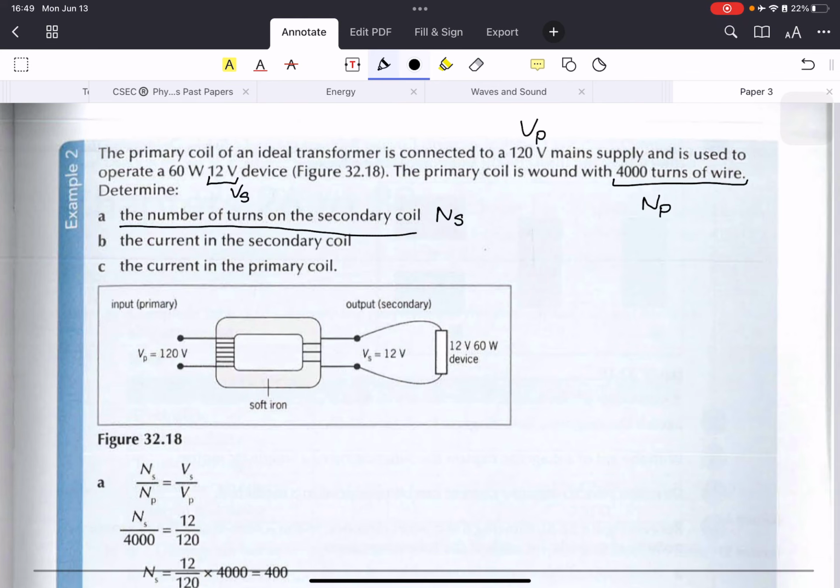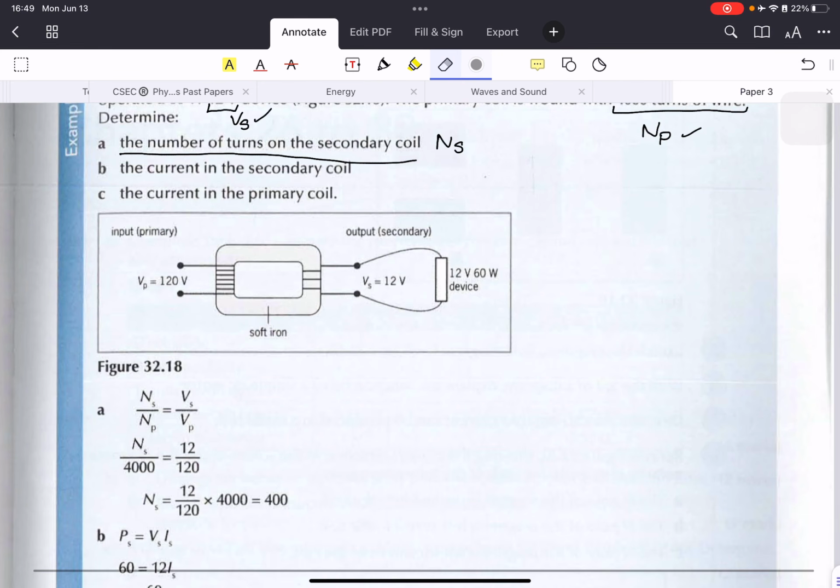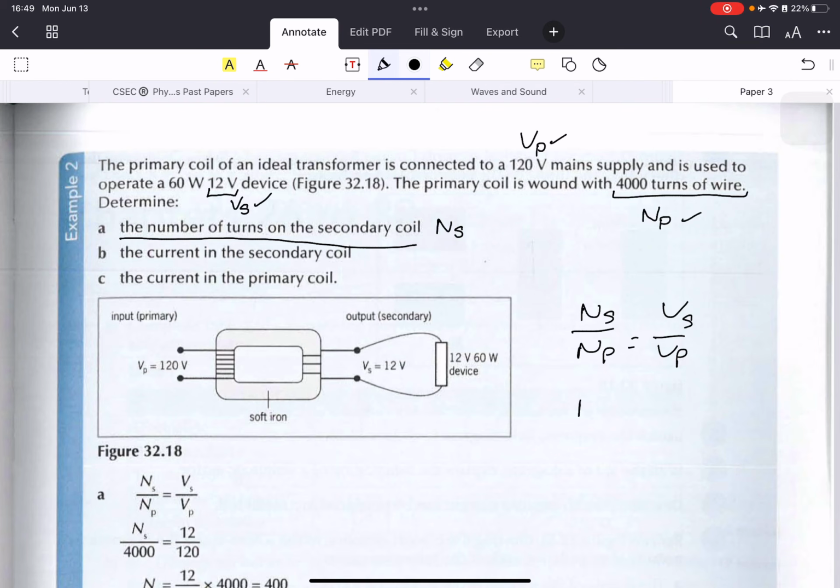So we have VP, we have VS, we have NP, so it's very easy to find NS. So NS over NP is equal to VS over VP, right? So NS is the thing we're trying to find.